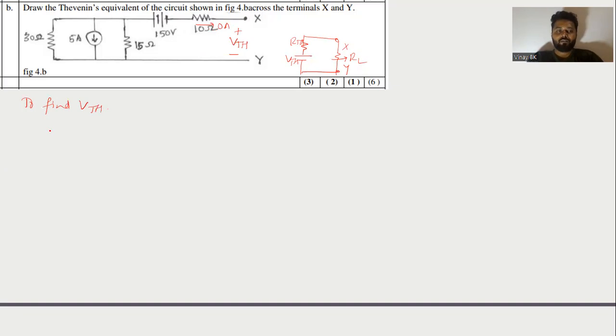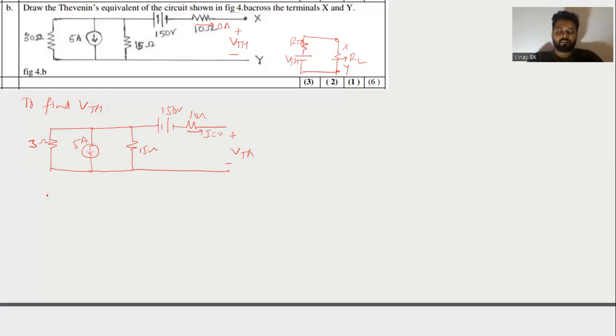Hence, the circuit looks like this: there will be 3 ohm resistor and there will be a current source of 5 amperes downward which is connected across the 15 ohm resistor, and here will be one voltage source, and there is a 10 ohm resistor, but current flowing through the 10 ohm is 0. Here 0 current is flowing, I is 0 across the terminals VTH. Okay, 3 ohm, 5 amperes, then 15 ohm, then 150 volts.